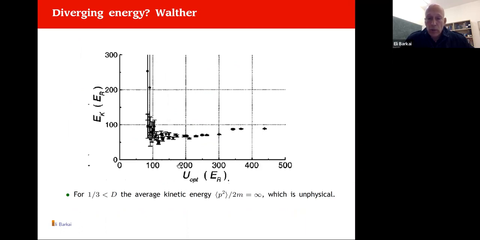As I mentioned, you can change this U0 in these experiments. And what you see is, okay, this is the value of the kinetic energy, and then suddenly, at some critical value, boom, the kinetic energy becomes very, very big. Of course, it never becomes infinite.